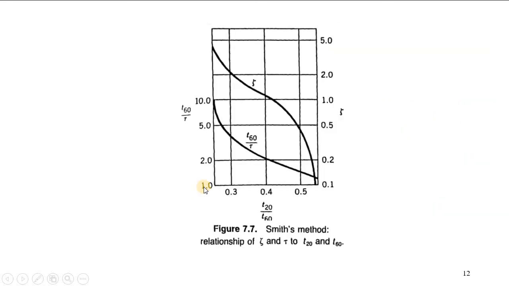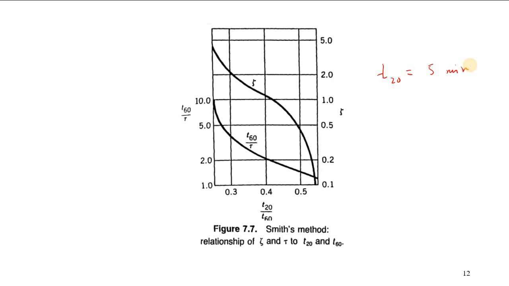Can we see the figure? Yes, this is the figure that you have. And considering that we have the T20 over T60, I don't know what T20 over T60 is, but just assuming, for example, we obtain T20 is equal to 5 minutes, okay?